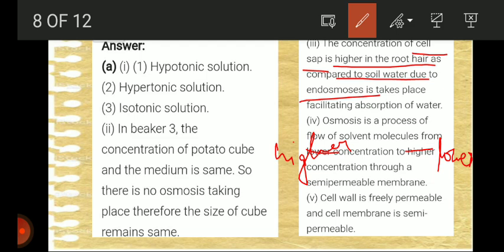We can explain this process from the point of view of the solvent or water molecules. So these solvent molecules or water molecules will move from their region of higher concentration to their region of lower concentration. That means they will move from that region where their concentration is higher to that region where their concentration is lower. Clear?